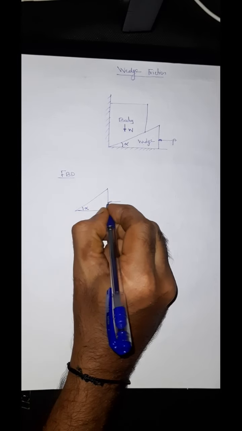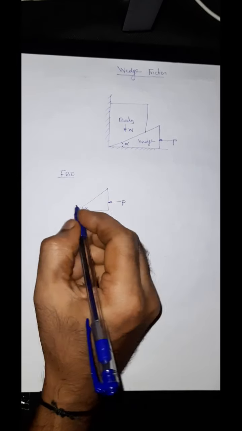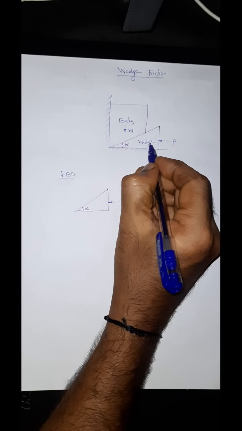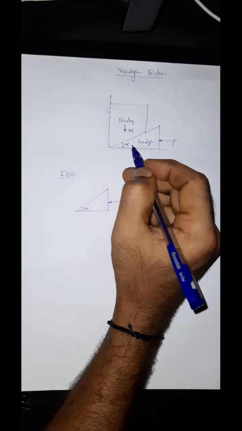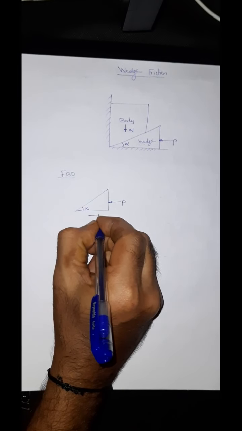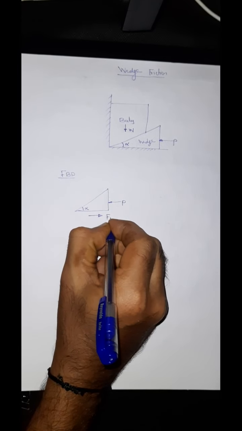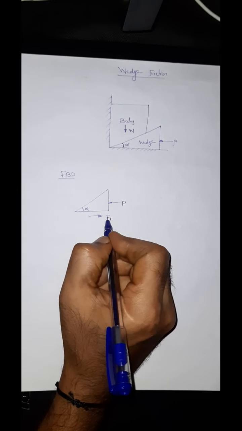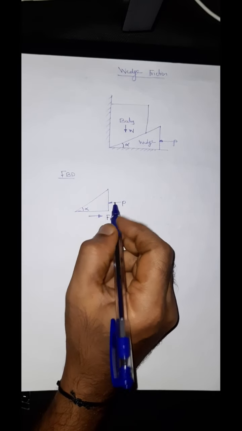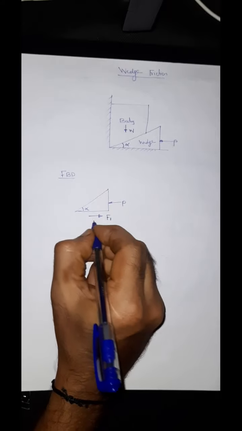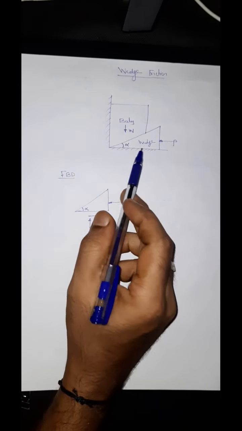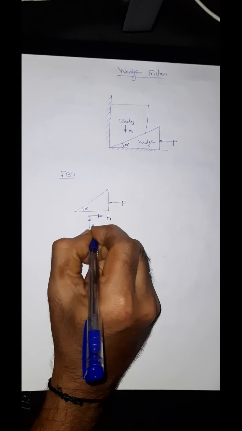This is the external force. When you apply force, this wedge tries to move in the left hand direction. Therefore, the friction will act in the right hand direction. That means friction will always be opposite to the movement of the object. There will be a normal reaction because there is contact on the surface, N1.